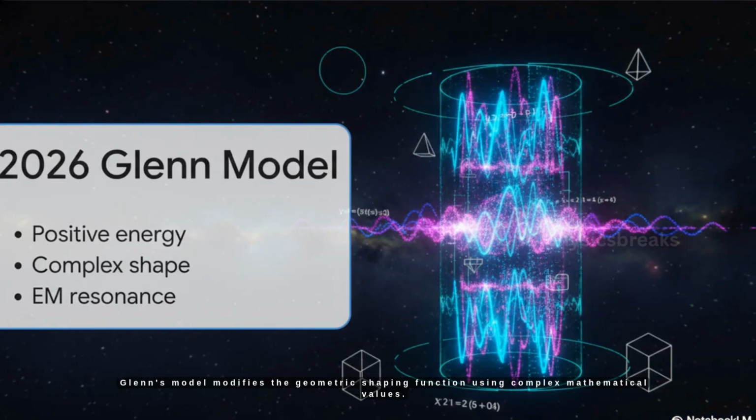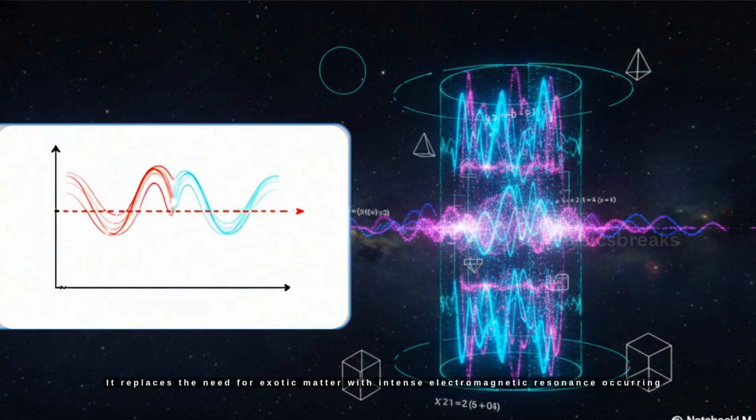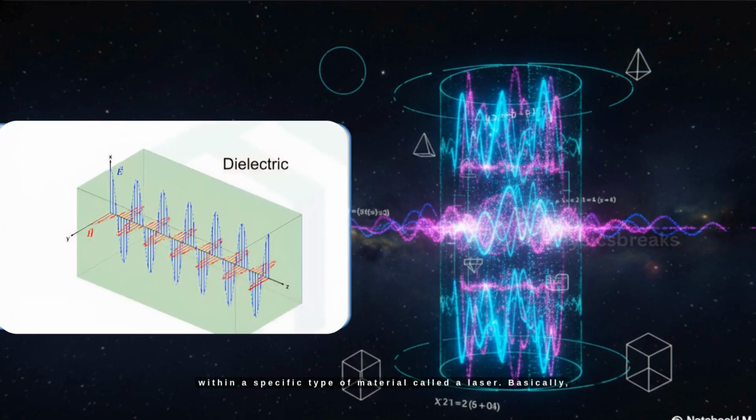Glimm's model modifies the geometric shaping function using complex mathematical values. By doing this, the energy density requirement literally flips from negative to positive. It replaces the need for exotic matter with intense electromagnetic resonance occurring within a specific type of material called a lossy dielectric. Basically, that's a material that absorbs and dissipates electromagnetic energy.